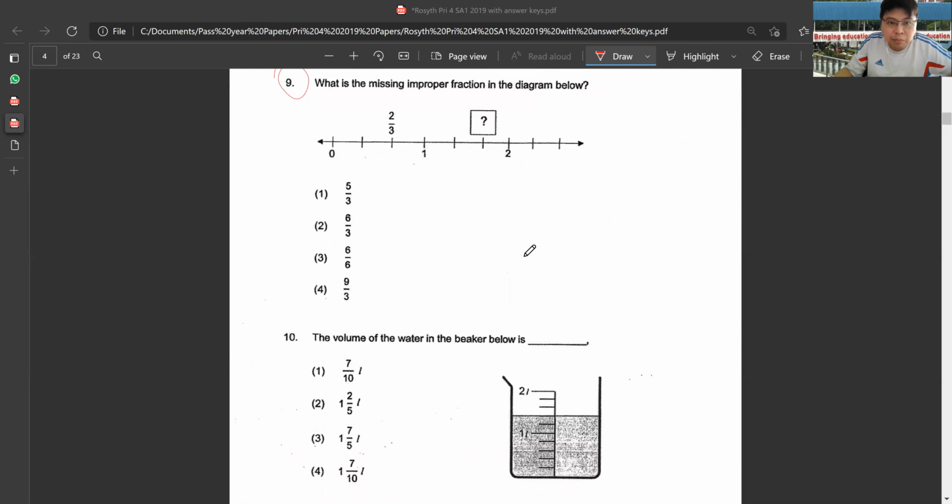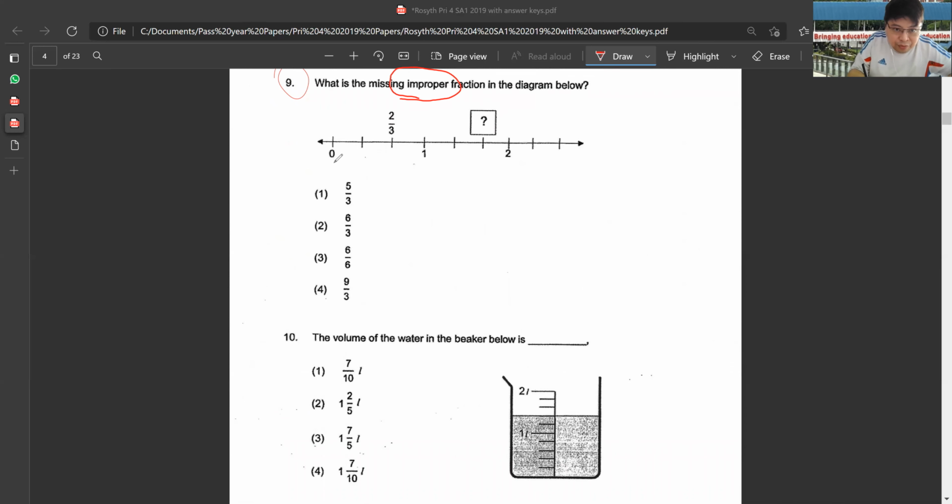Number 9. What is the missing improper fraction in the diagram below? The keyword is improper fraction. You see this number line is divided by 3.